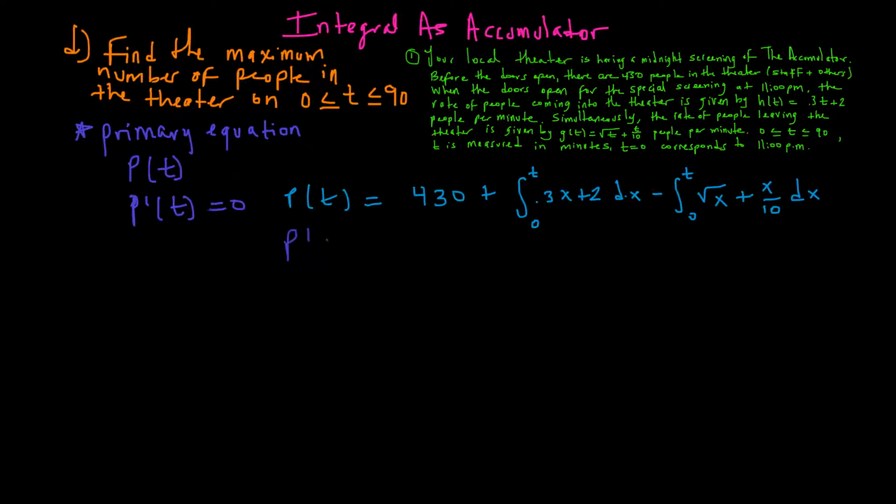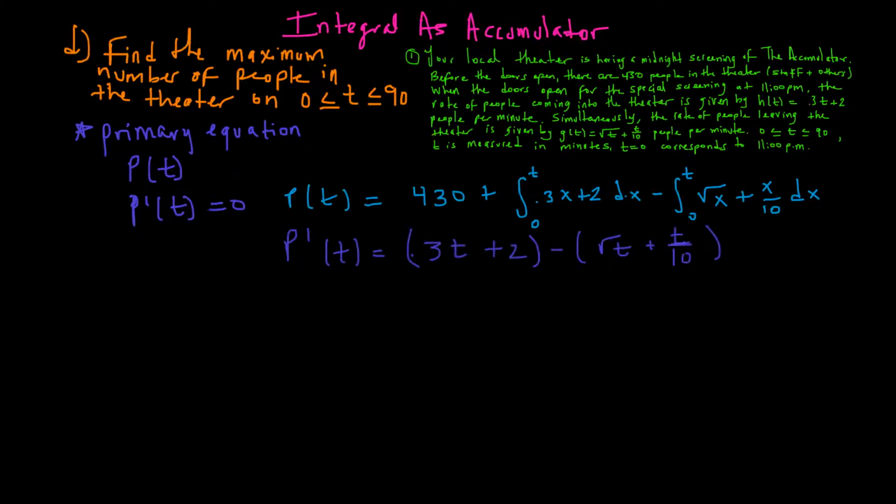P prime of t. And then here, the fundamental theorem, it's going to make it 0.3, but then the x becomes t plus 2. And I should probably have that in parentheses and then minus the square root of t plus t over 10, again because of the fundamental theorem.